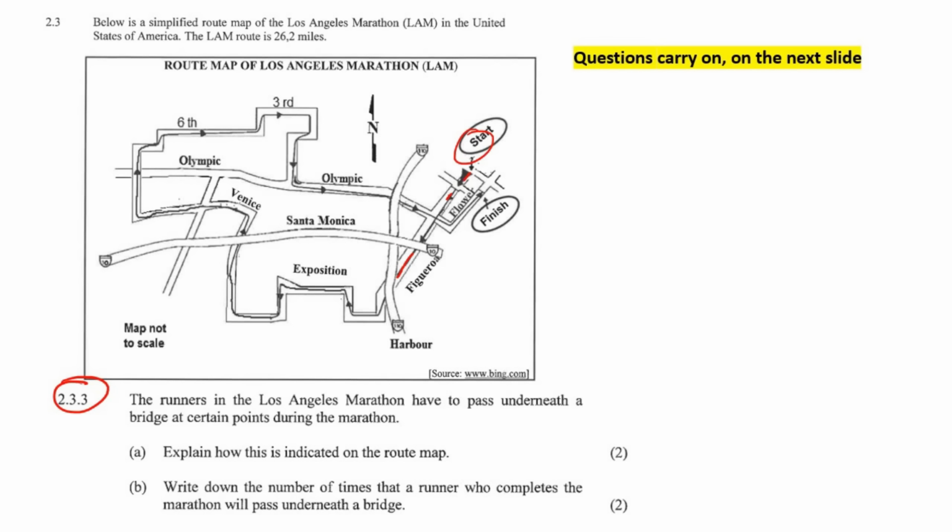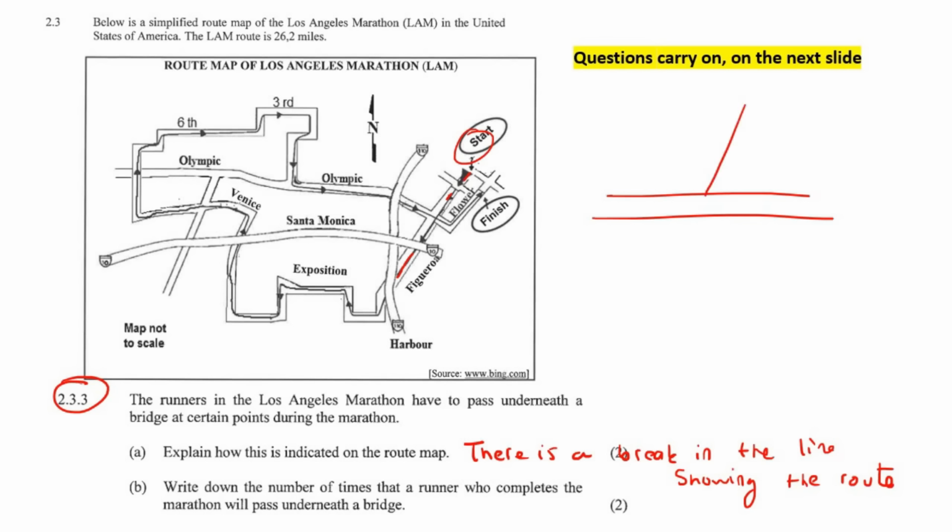So what we can say is that there is a break in the line showing the route. Okay, so for example, once again there, and then there's a road. Okay, and then this arrow, they stop drawing it, and then they just draw it on the other side. Okay, so there's a break in the arrow.